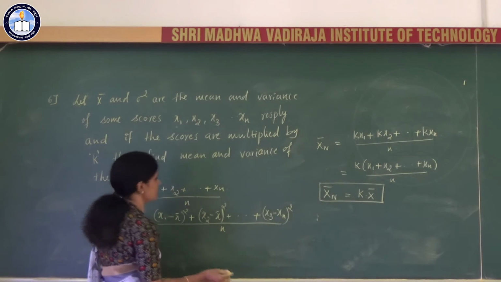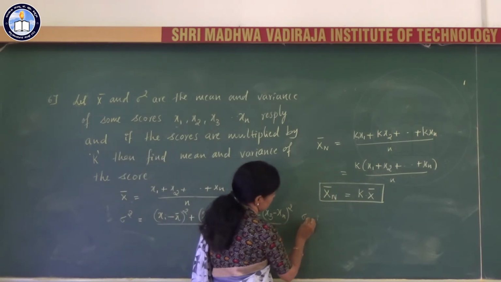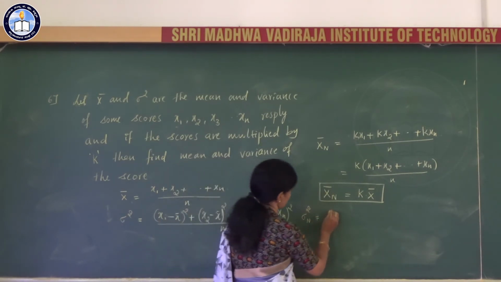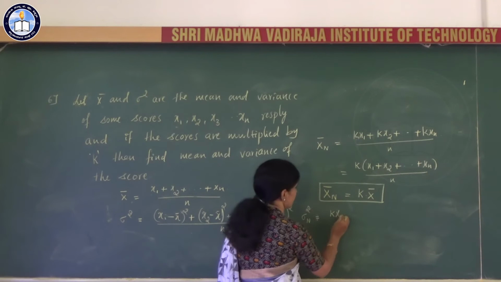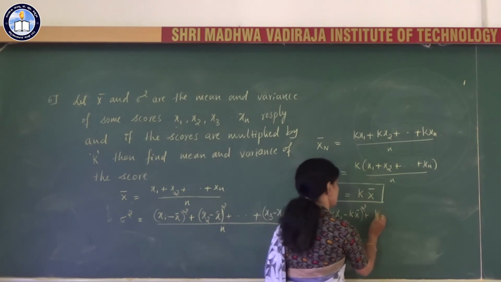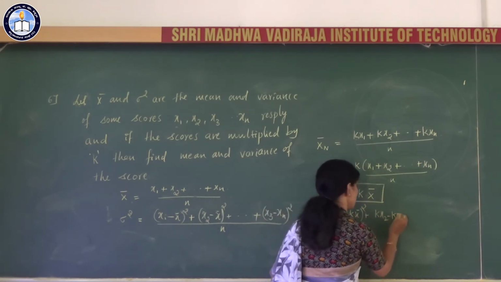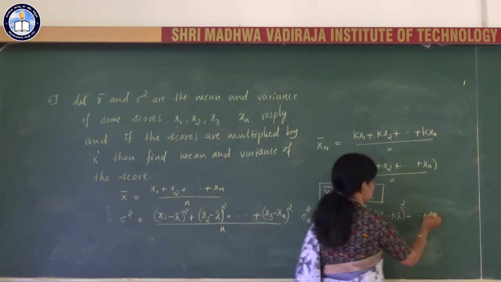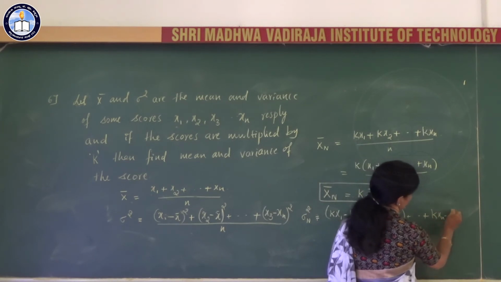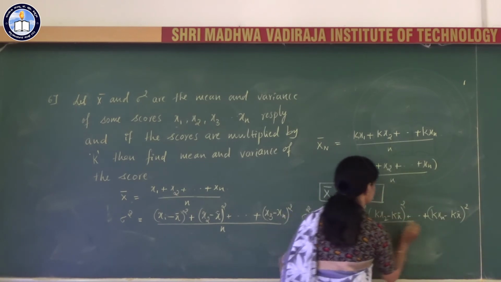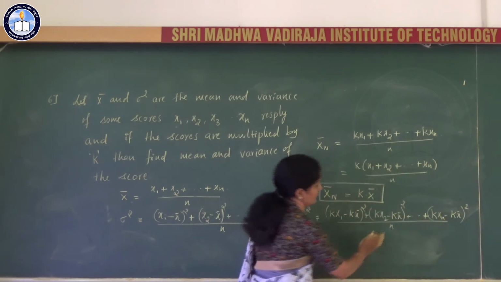Okay, so then go for the new variance. The new variance is equal to k x1 minus k x bar, since the new mean is k x bar, is it not? Whole square, plus k x2 minus k x bar whole square, plus up to k xn minus k x bar whole square, divided by n. There is no change in the value of n.